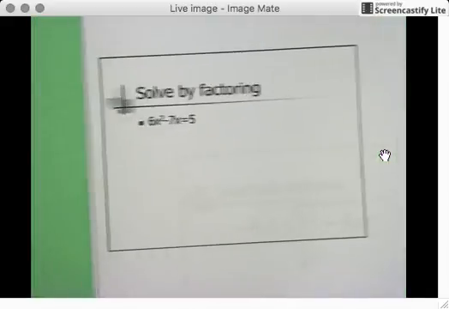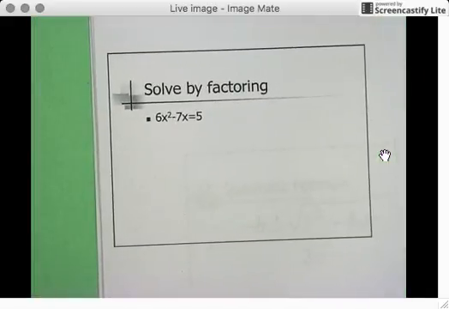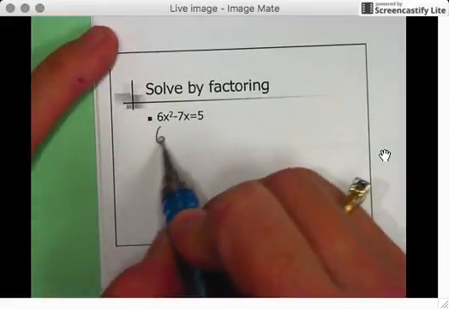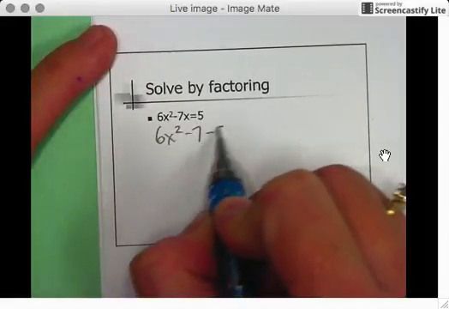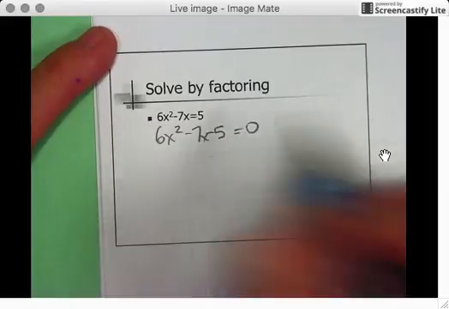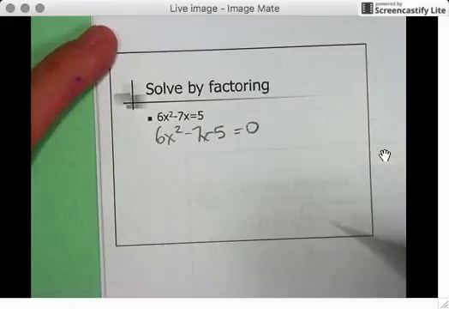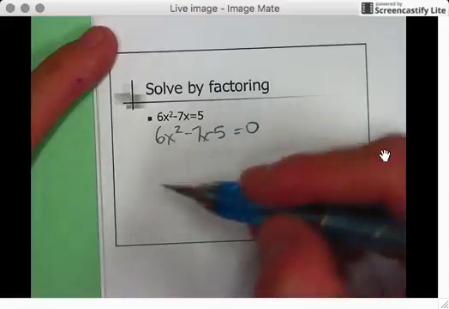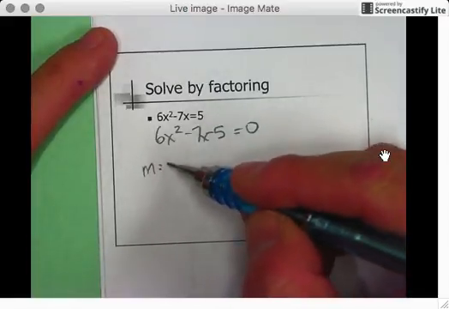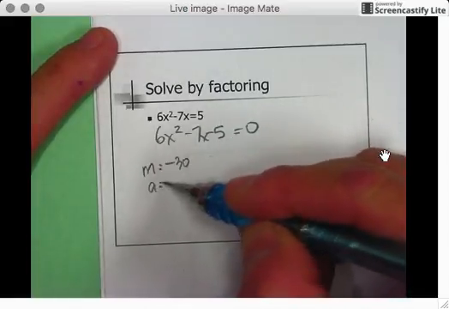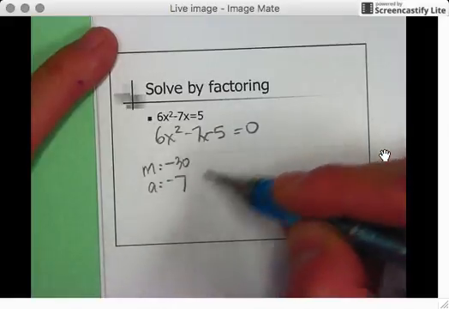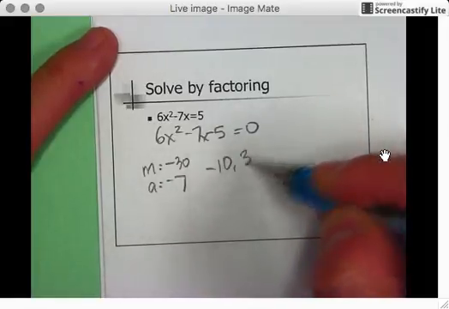Okay, so if I'm asking you to solve this one by factoring, from the last slide, it said we had to set it equal to 0. So it would look like this, right? And we're factoring this trinomial, so I'm looking for numbers that multiply to be negative 30, but add up to be negative 7. The numbers that do that are negative 10 and 3.